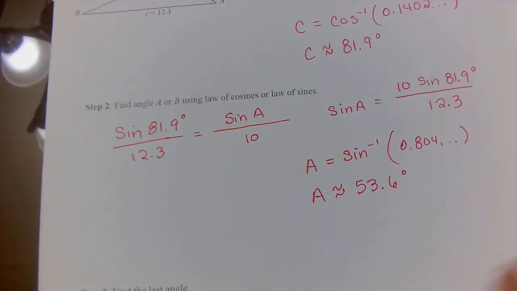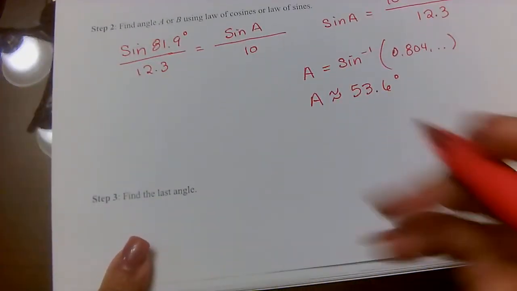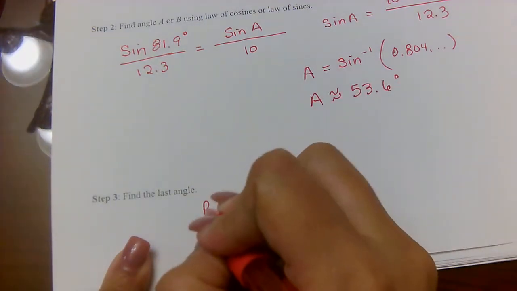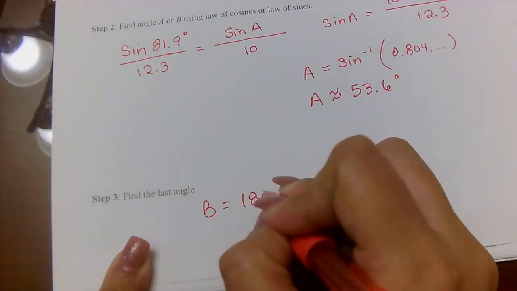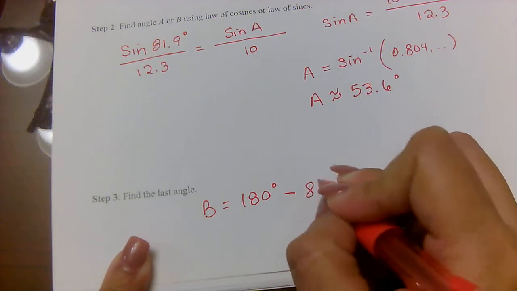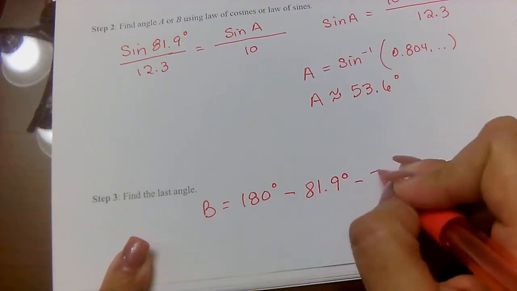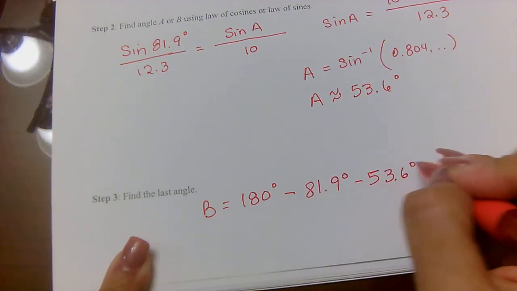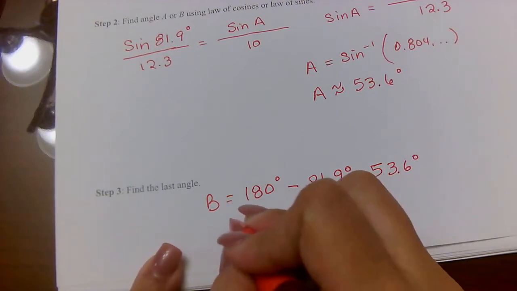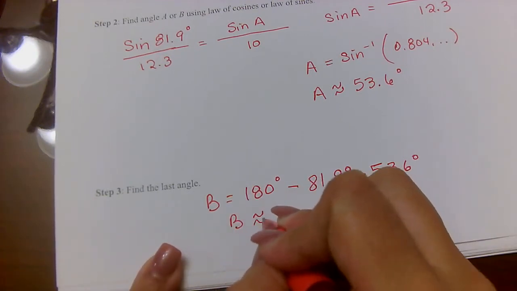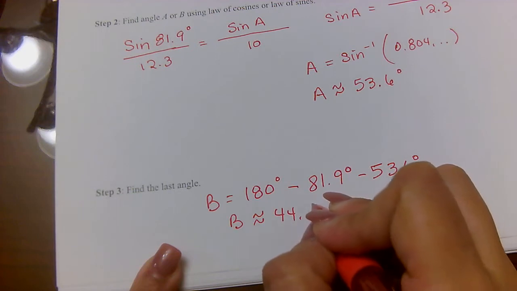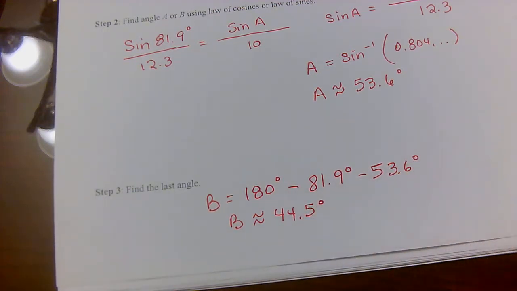Once you have that, we can find the last angle, and in this case it'll be angle B is equal to 180 degrees minus angle C minus angle A. Okay, so now B should be approximately 44.5 degrees. Just use your calculator for that one.